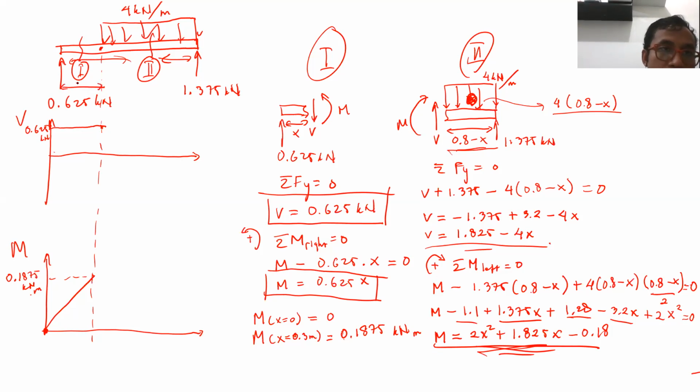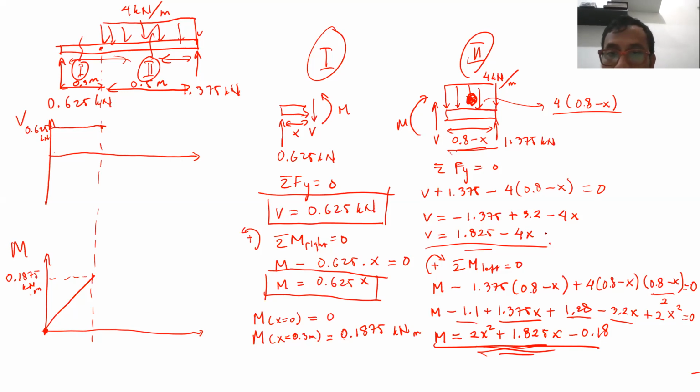This is 0.3 meter. And here is 0.5 meter. At x equal to 0.3, what is the value here? And at x equal to 0.8 meters, what is the value of phi here?